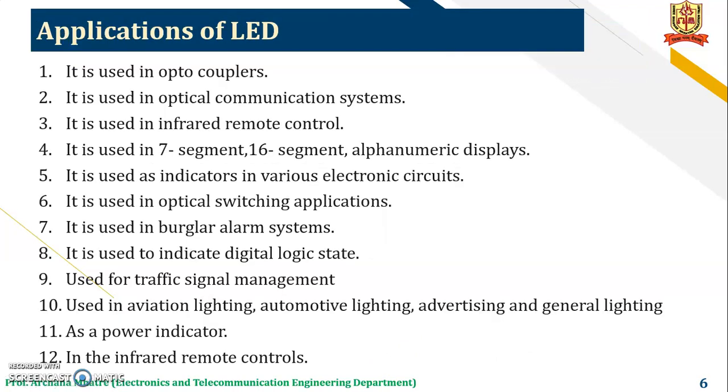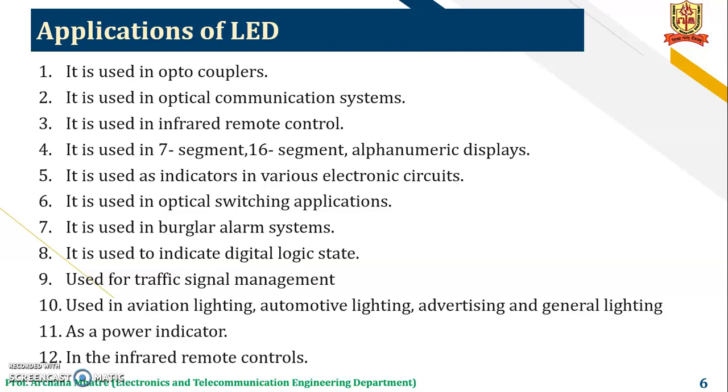Applications of LED. It is used in optocoupler. It is used in optical communication system. It is used in infrared remote control. It is used in 7-segment and 16-segment alphanumeric displays. It is used as indicator in various electronic circuits. It is used in optical switching applications.